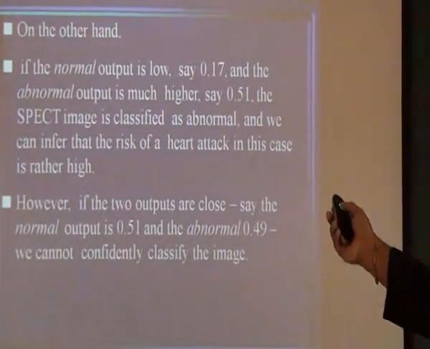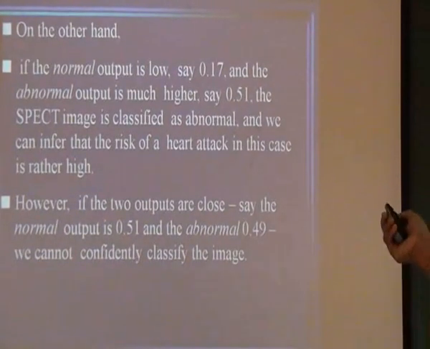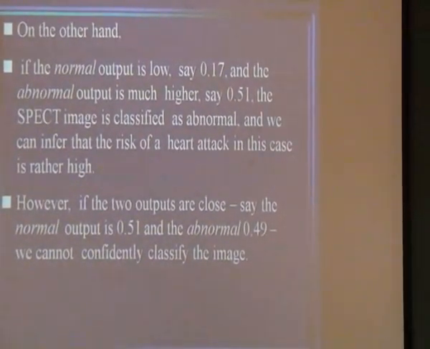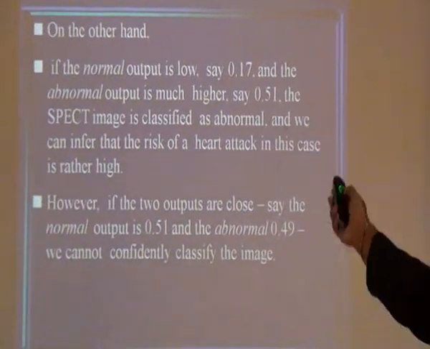Suppose instead the normal output is low, 0.07, and abnormal is 0.51. Here you can say it is abnormal.